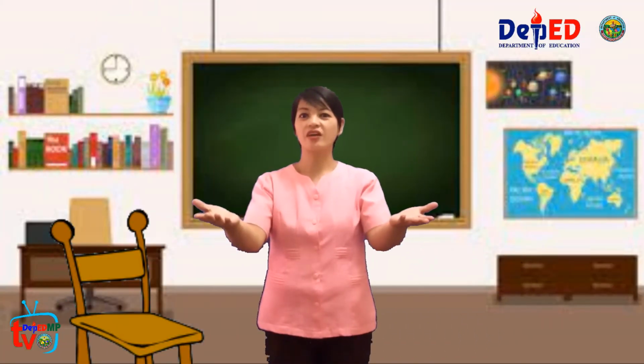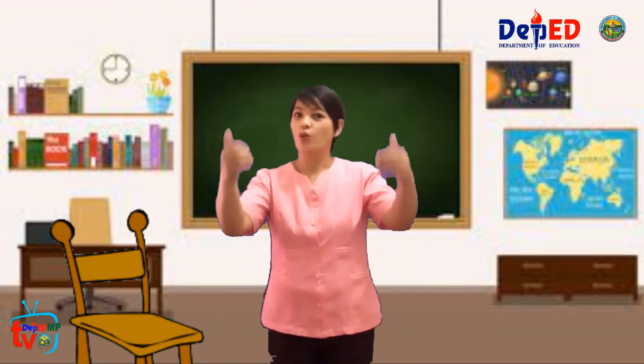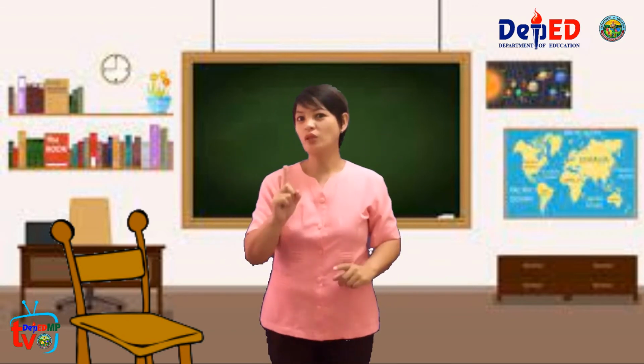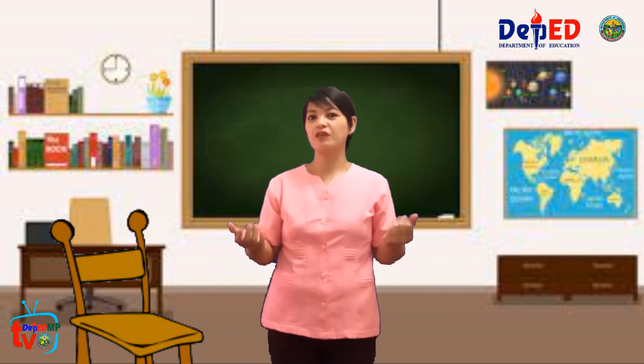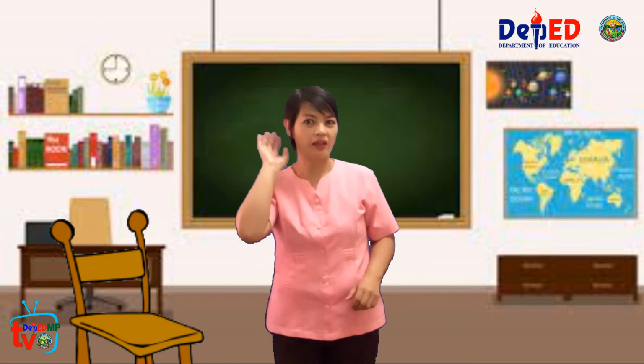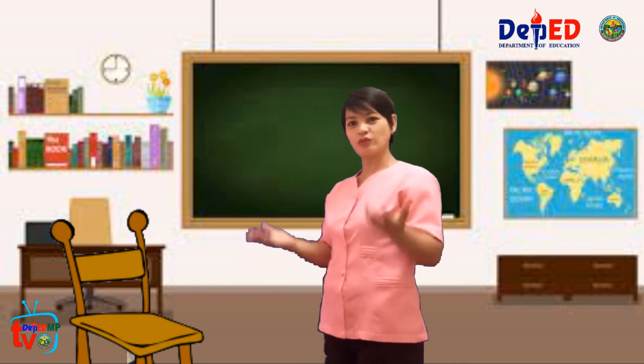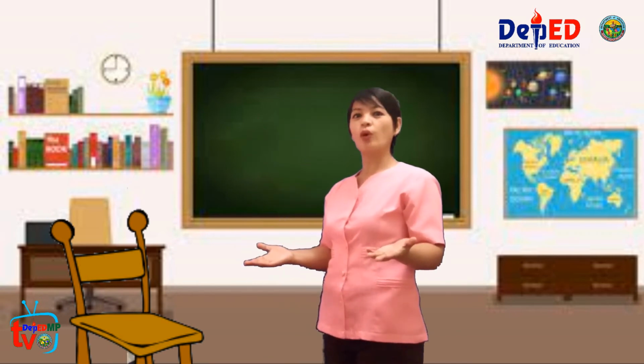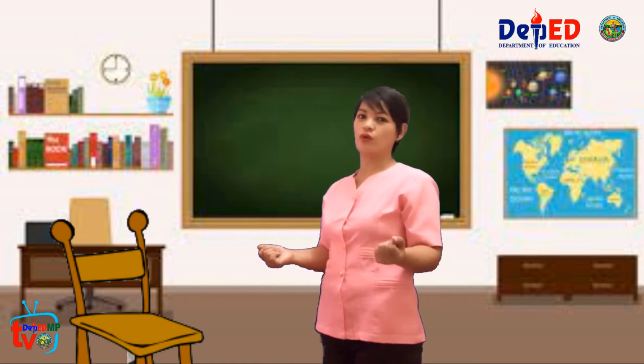Did you get all the correct answers? Well done! I told you, you will surely get perfect scores if you listen well. It is now time for us to summarize what we have learned from this video.